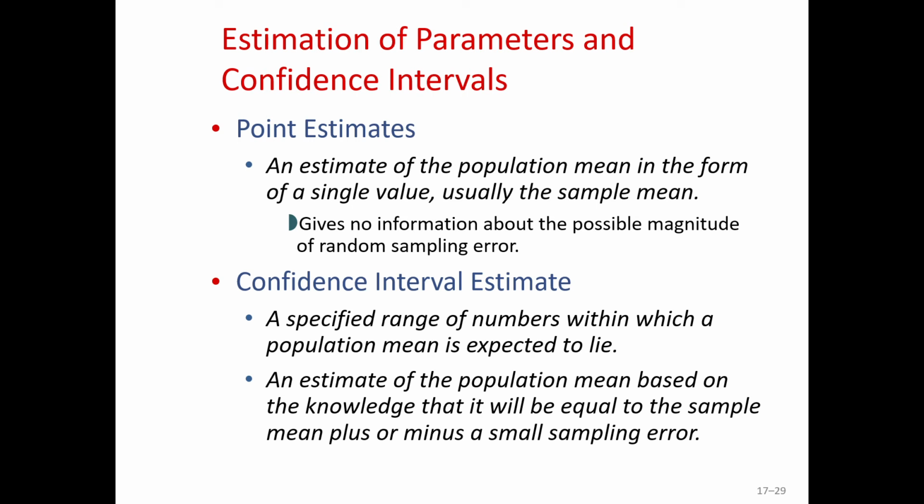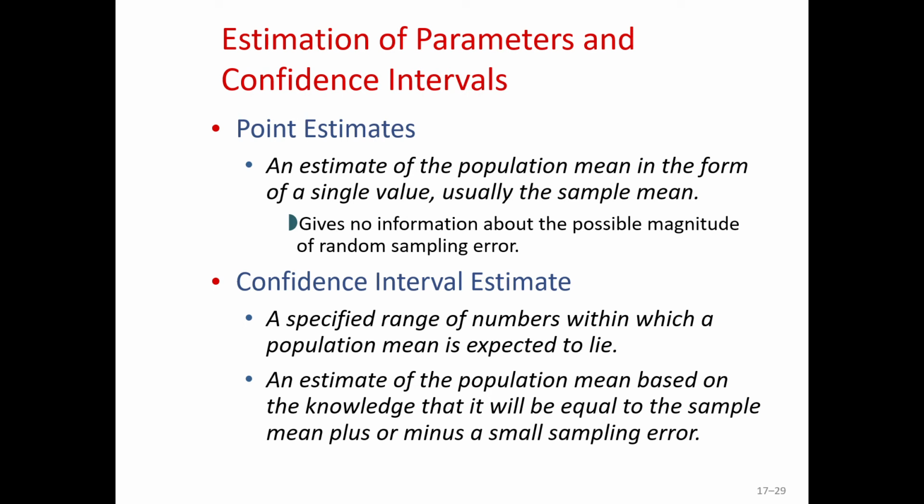Confidence interval: if we specify a range of numbers, an interval within which the population mean would lie, we can be more confident that our inference is correct. The confidence interval estimate is based on the knowledge that mu equals x bar plus or minus a small sampling error. After we calculate the interval estimate, we can determine how probable it is that the population mean will fall within the range of statistical values.